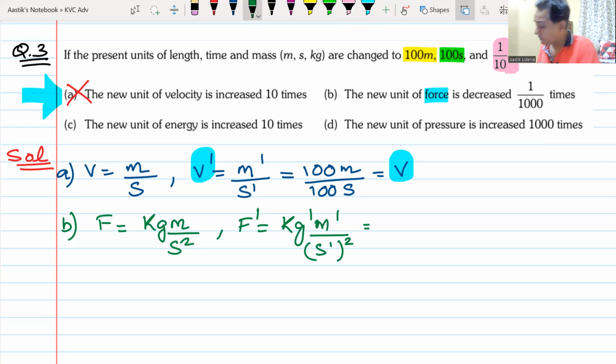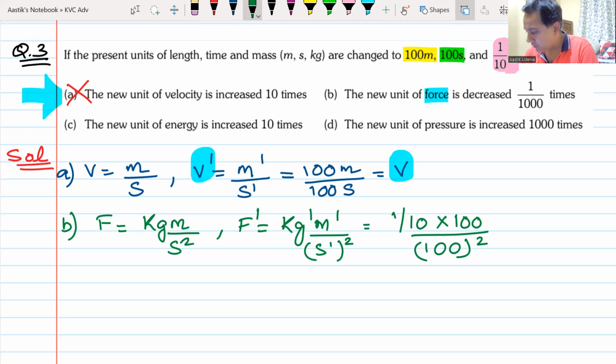I just need to substitute the values here. Kg dash is 1 by 10 times kg, multiplied by meter dash, which is 100 times meter, divided by second dash, which is 100 times seconds, so 100 square, and then I have the original unit of kg meter per second square. I can write it as F.